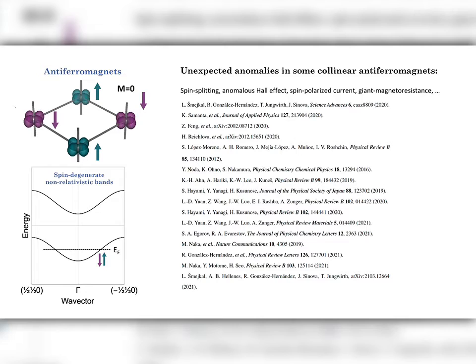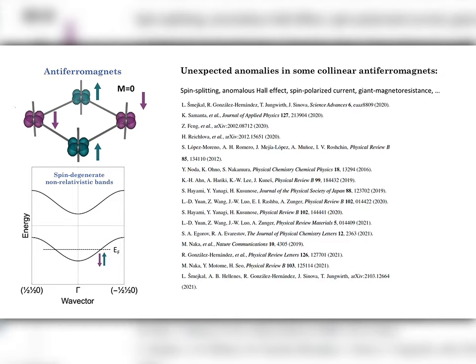In particular, there were mostly theoretical reports of features which are analogous to ferromagnets, like, for example, large non-relativistic spin splitting in the band structure, or large anomalous Hall effect, predictions of large non-relativistic spin polarized currents, giant magnetoresistance, etc.